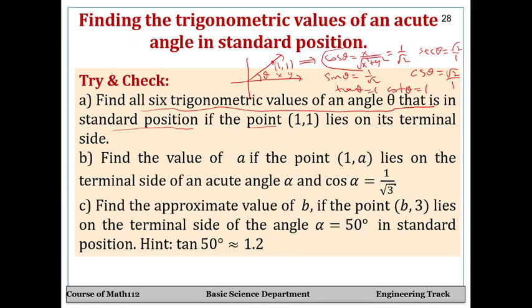If you don't remember the x, y rule, you can do it this way: x is here, y is here, square root of x squared plus y squared here. You can use this rule here. But please try to memorize the rule with the x and y and the x squared plus y squared, because we will have x and y negative later, and then it's better you use only this triangle here.